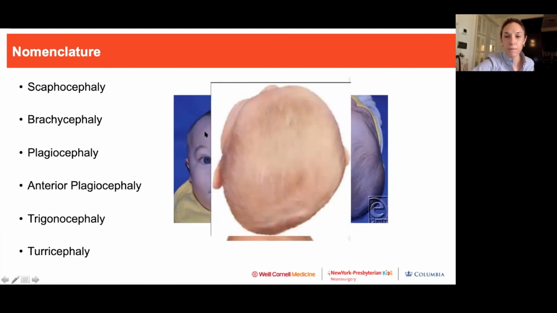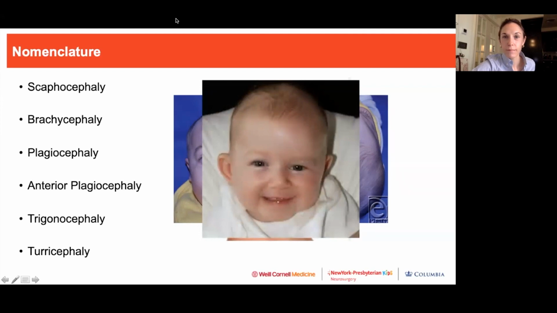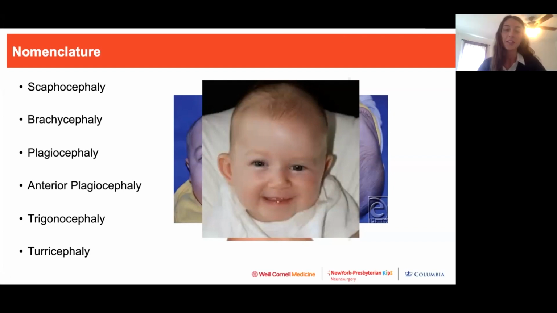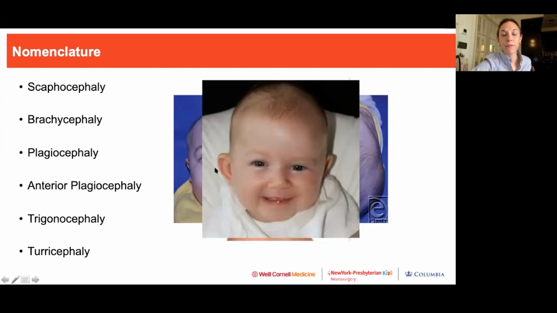Okay. What's this one? Nothing. Yes, excellent. That's a tough one, and we'll go over why. That was plagiocephaly, and then I clicked one too quickly because I was trying to get the chat back up.